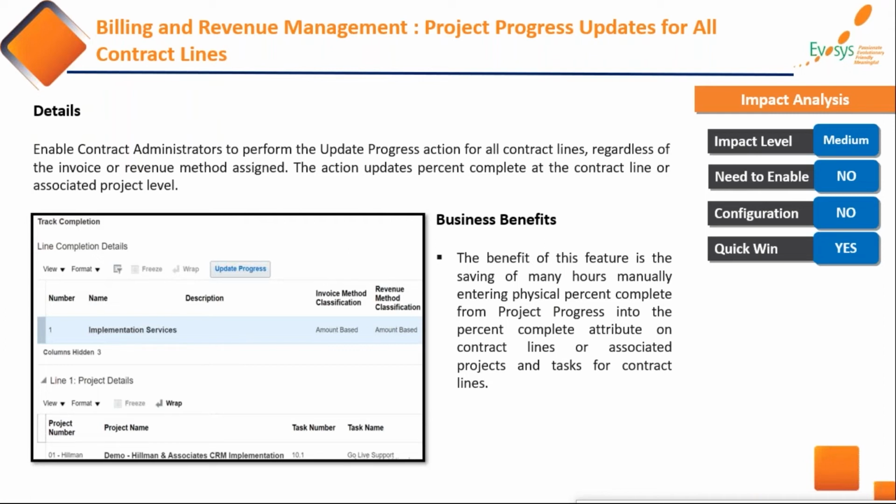But it was not possible previously because if my invoice method is other than physical percent complete, I can't bring that progress itself. But now they have come up with this update progress, as you can see here, the update progress pattern, through which even if your invoice or revenue method is whatever, the system will allow you to bring the progress you have captured at the project level.